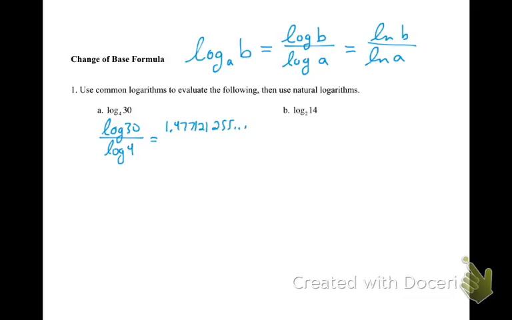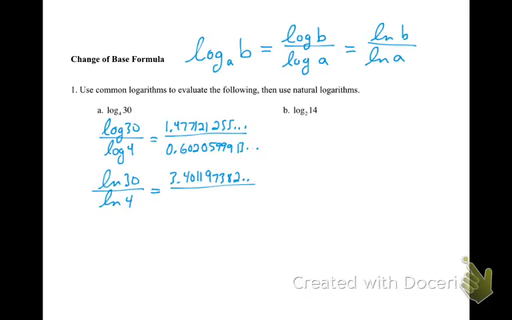1.477121255 all over 0.60205. Or you can evaluate it using natural logs, natural log of 30 over natural log of 4, which gives you 3.4011973 all over 1.386294361.